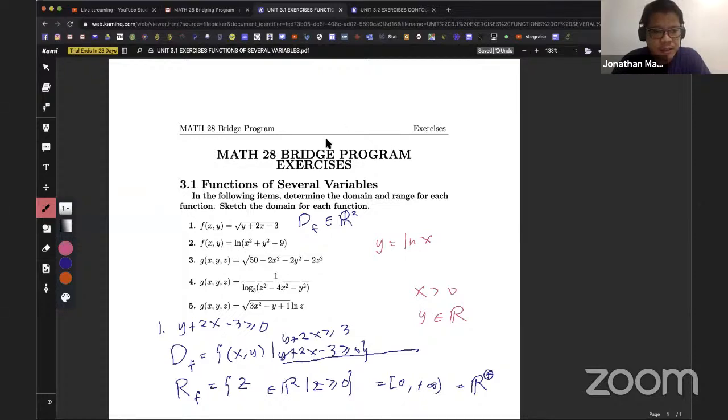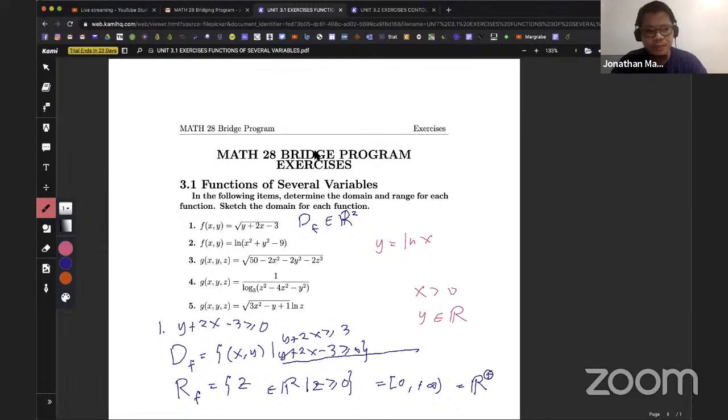Okay, I will just answer these two questions. Sir, no need na po ba na indicate na yung x and y is an element of R2? In Math 28 naman kasi, it is understood that our universal set is the set of real numbers.